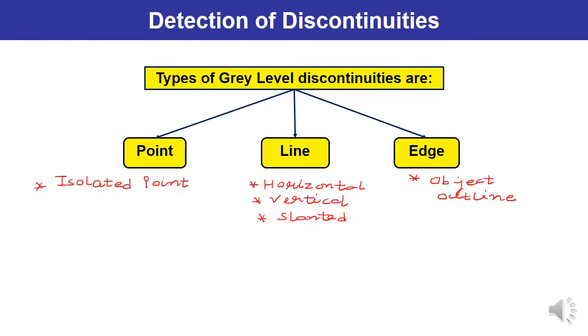So I have summarized these points. A slanted line may be like this way or this way, any type of line. If you are talking about a ball, this is the outline of the object. An isolated point is a single point. This is how you can remember that there are three types of gray level discontinuities.